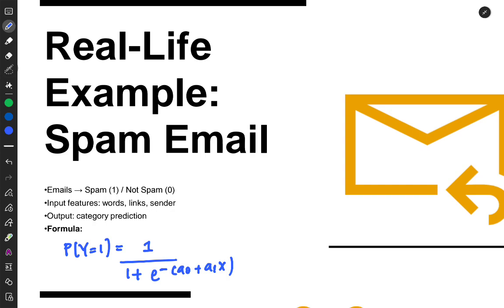We will look at that later in the video, but right now there is a common misconception that many of us have: students often think linear regression can be used for yes/no problems. But linear regression might predict numbers like 1.3 or 0.2, which doesn't make sense for categories.